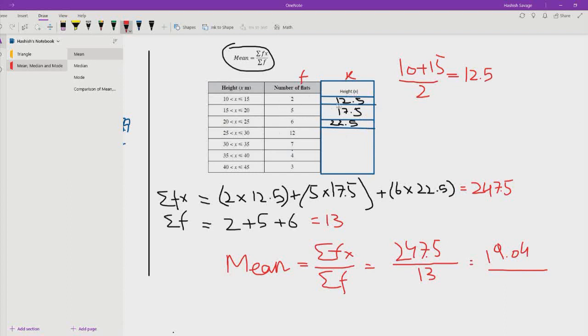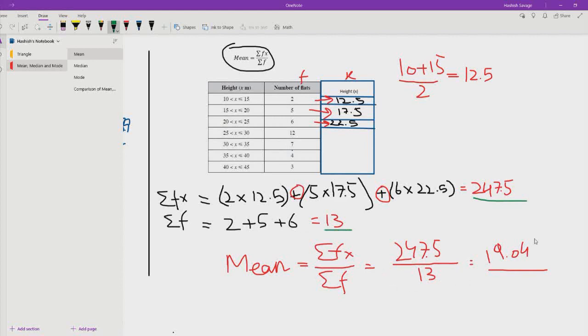Then you multiply the relevant terms of the f column and the x column: this with this, this with this, and this with this. The answers you need to add. Over here I have added them, and by adding them you got the answer. And similarly, you add the frequencies.